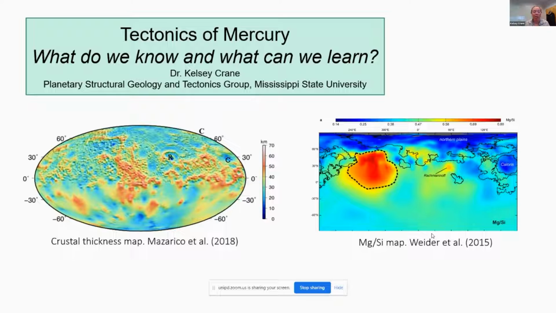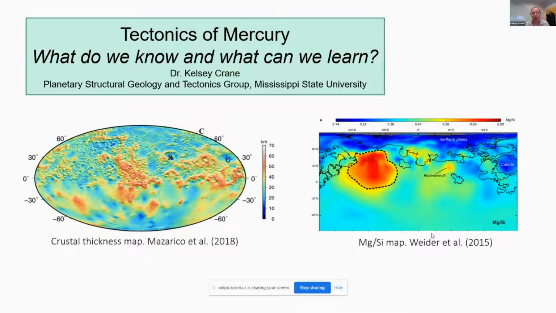I'm going to start with two maps that are not tectonic at all: the crustal thickness map from Mazarico et al. 2018 on the left, and a magnesium silicon map from Weider et al. 2015 on the right. On the left, the warmer colors are thicker crust and the bluer, cooler colors are thinner crust.